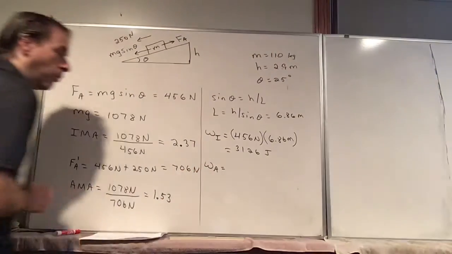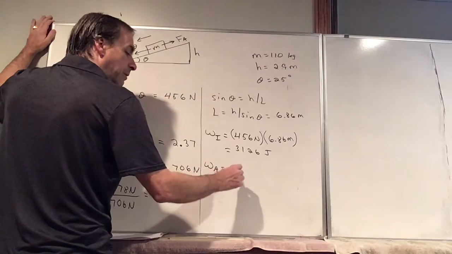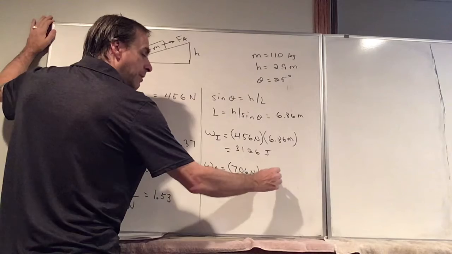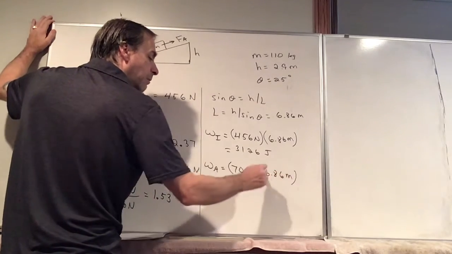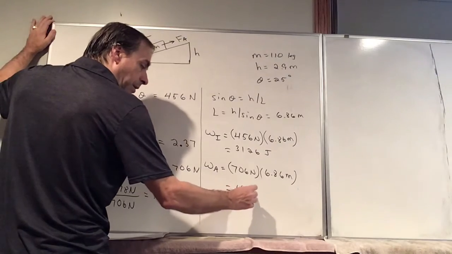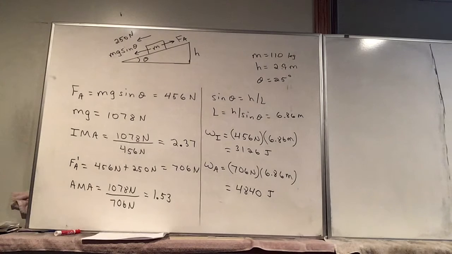Now, in the actual case where we had friction, that would be 706 newtons times 6.86 meters. So 4,840 joules in the actual case.